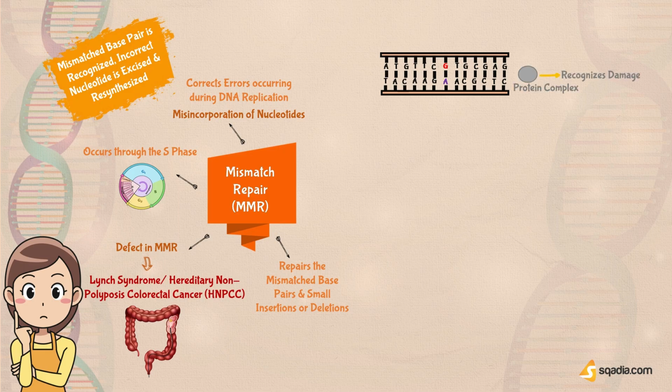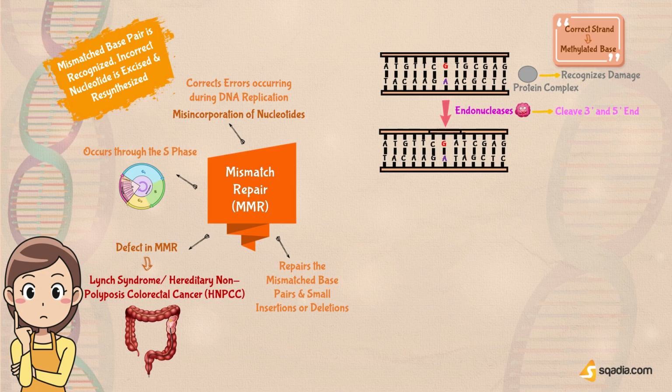The first step in MMR is again the recognition of the error by the protein complex, which binds to the mismatched base. The MMR complex determines which strand of DNA contains the correct template sequence by distinguishing between the parental and daughter strands. The correct strand will have a methylated base, while the newly synthesized strand will not.